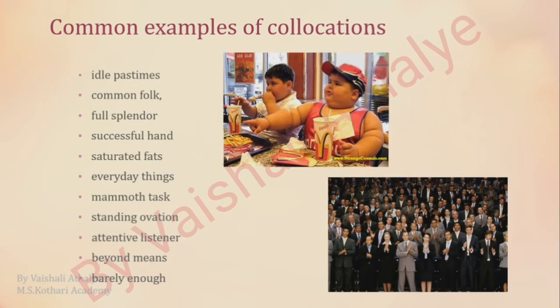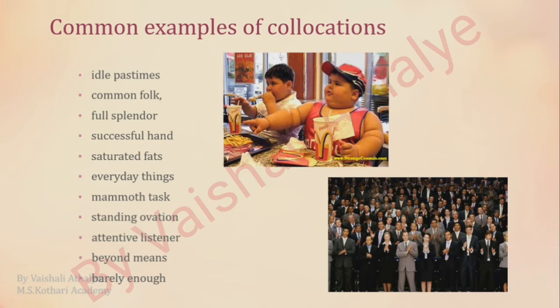Here I have tried to put some common examples of collocations. Idle pastimes, common folk. Students, don't you think that these words often go together? There are pairs of such words like successful hand, full splendor, everyday things, saturated fats, mammoth task.